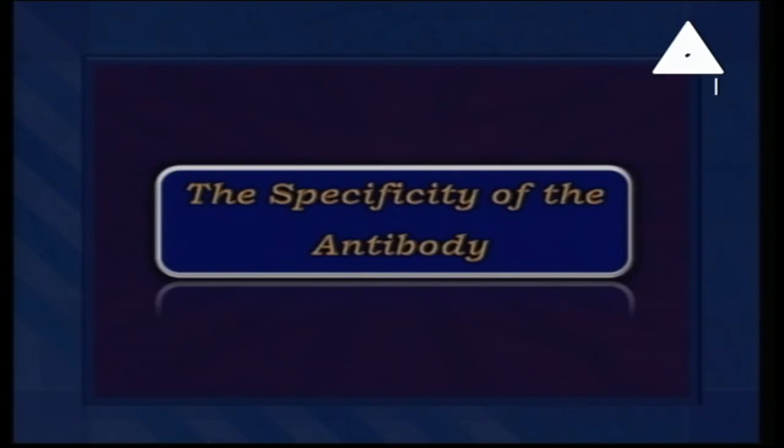The specificity of the antibody, what does it mean? The antibodies are very specific for the antigen. Specific here means they are very definite for something, like for a specific function.